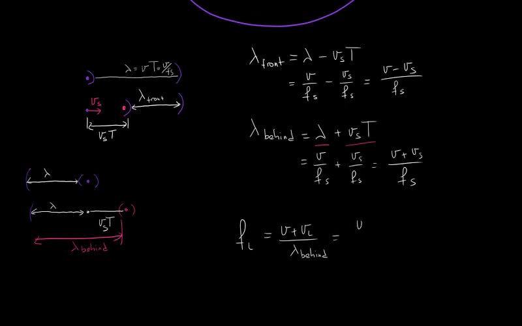So I can say v plus v listener over, I'd rather use the definition of the frequency, and then substitute the lambda behind, it would be v plus v source over frequency of the source. That will give me v plus v listener over v plus v source times frequency of the source.